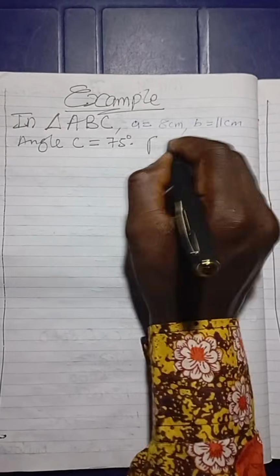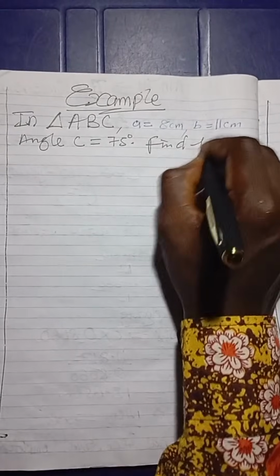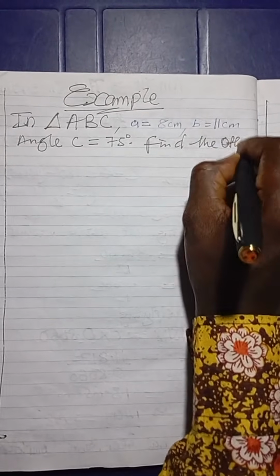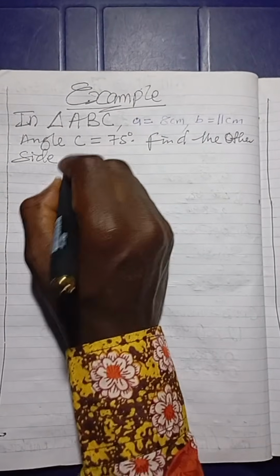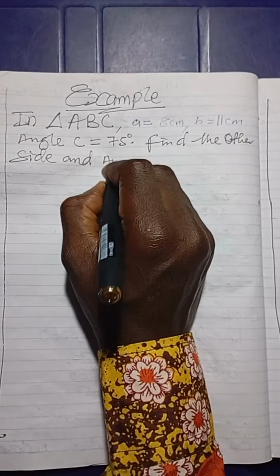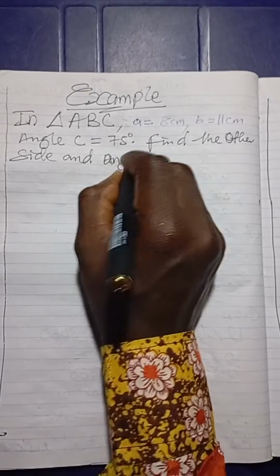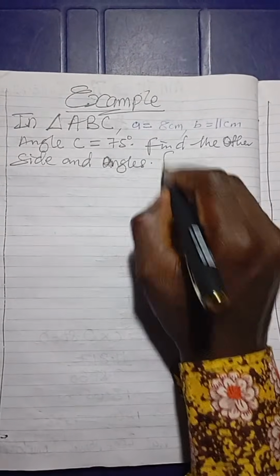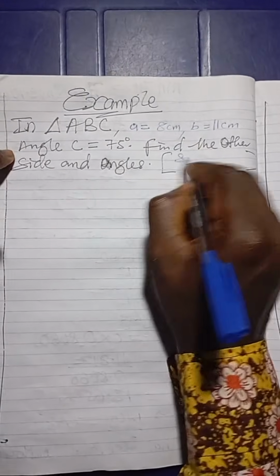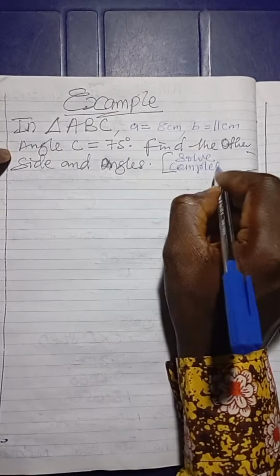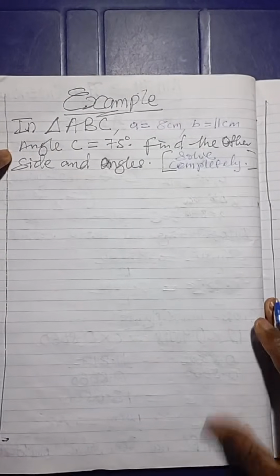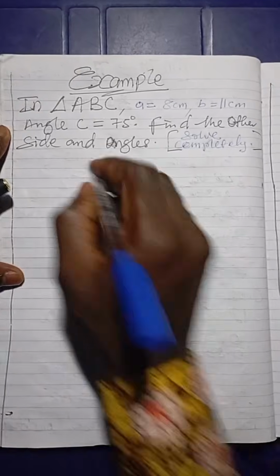Find the other side and angle. Let's go with angle so that we can solve completely. We can call it solve completely. Good. All right, so let's proceed. Solution.